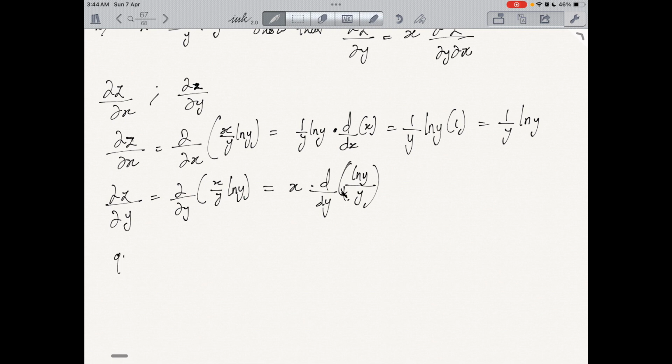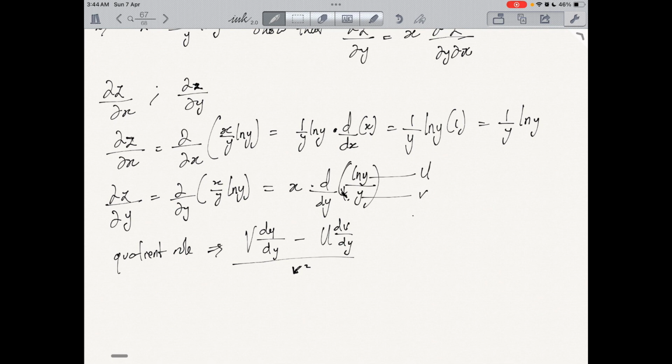Let's remind ourselves of the formula of the quotient rule, which is (v du/dx minus u dv/dx) divided by v squared. And now that we are using y, we can change this to y. In this case, this is our u and this is our v.